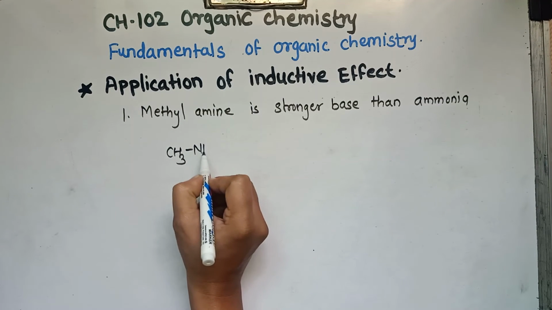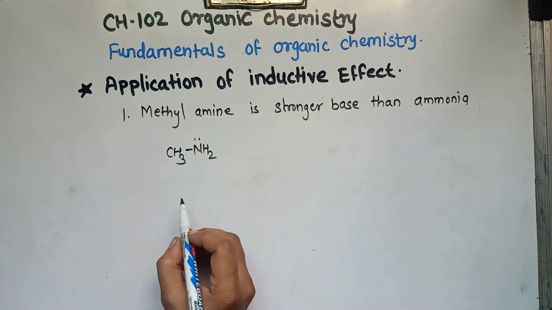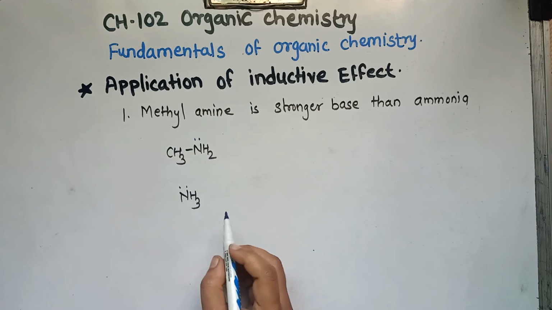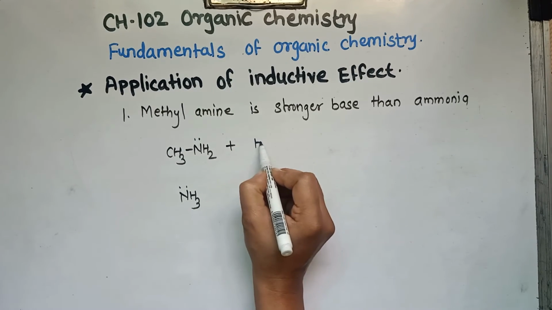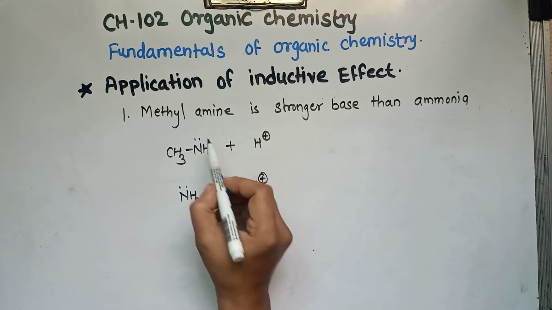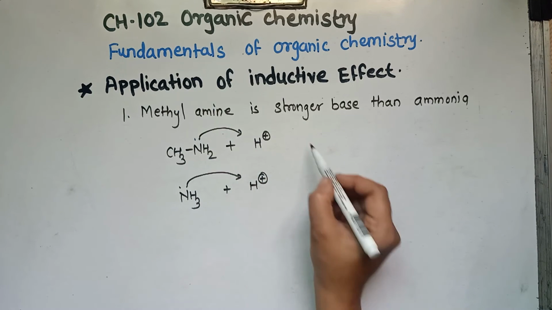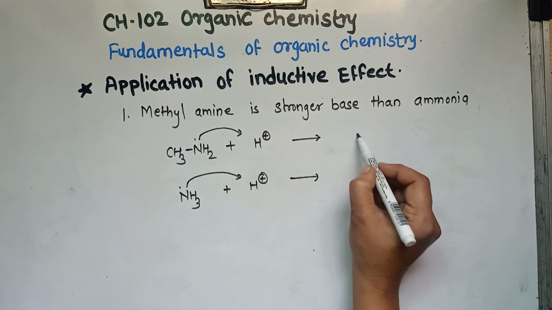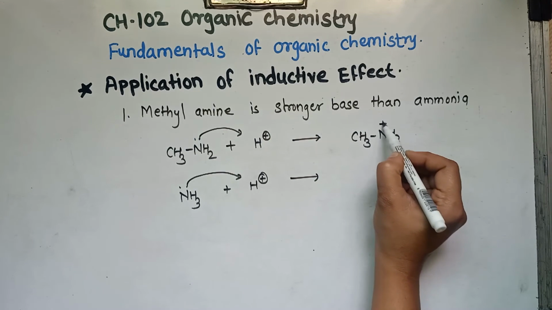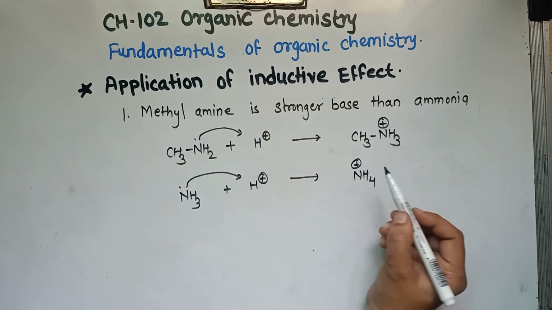Methylamine means an NH2 with a CH3 group attached, and the structure of ammonia is NH3, both having a lone pair. This lone pair easily donates to the proton and they form a conjugate acid. Here also there is a formation of a conjugate acid, right?